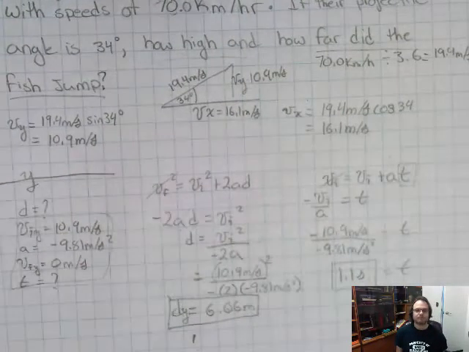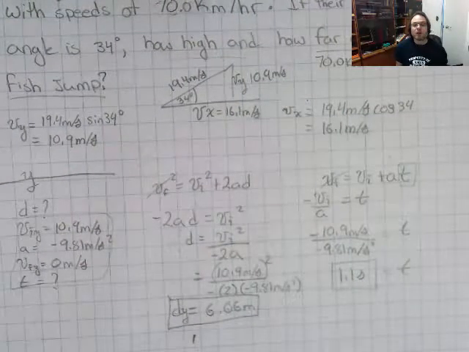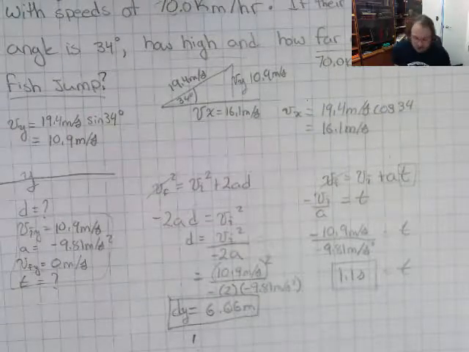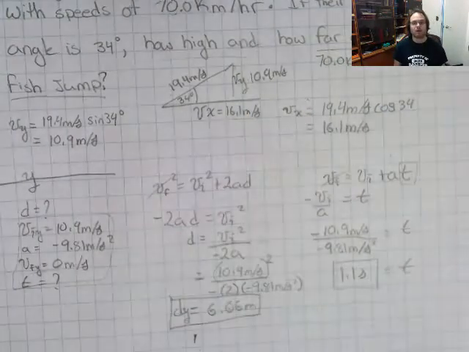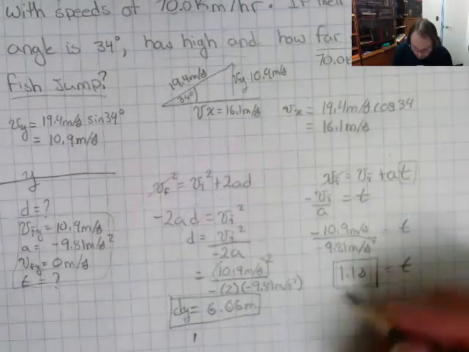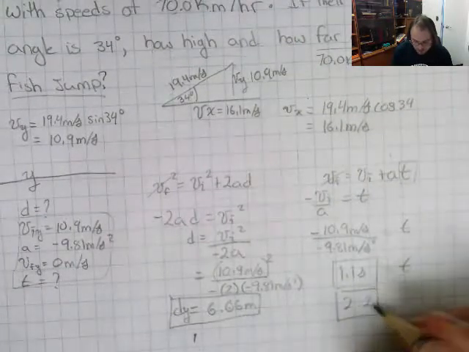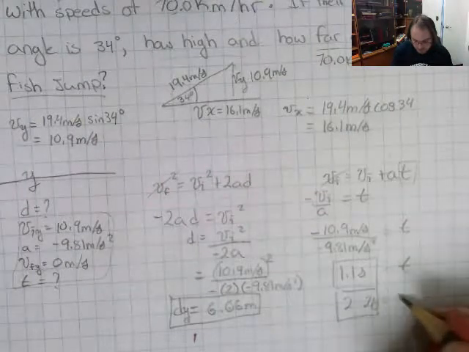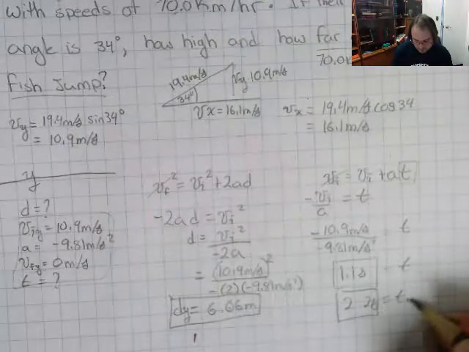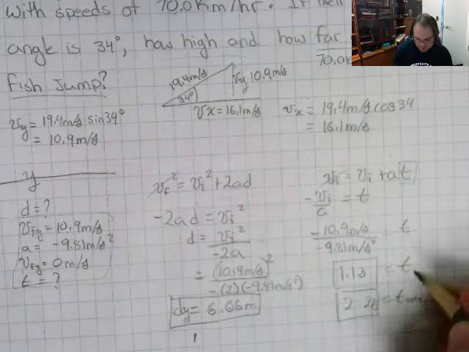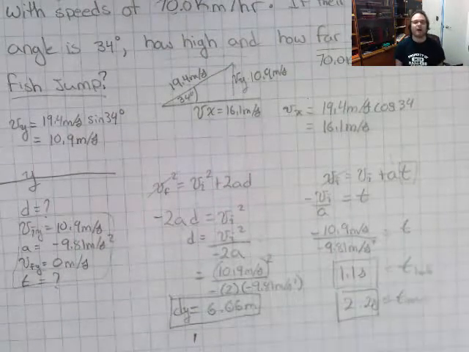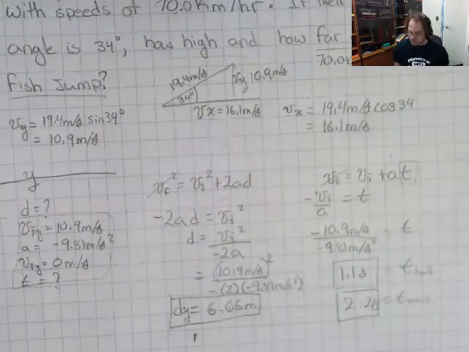So, we know my time for half of it, just to reach the maximum, is 1.1 seconds. So my total time, we have to multiply it by 2, is going to be 2.2 seconds. That is going to be my total time, and this was only for half. So now we have that.